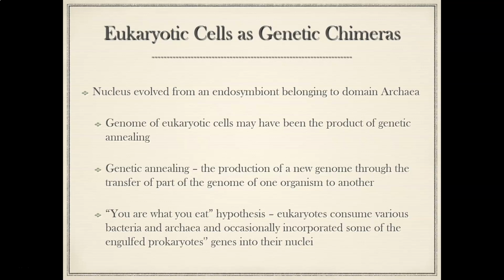So eukaryotes are consuming all sorts of various bacteria and archaea throughout their evolutionary history, incorporating pieces from the engulfed prokaryotes that they were eating until we get to the structure and genetic information that we see in eukaryotes today.